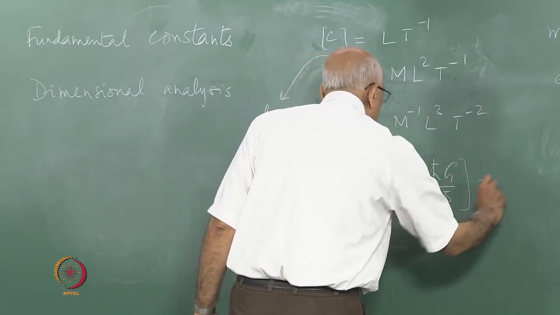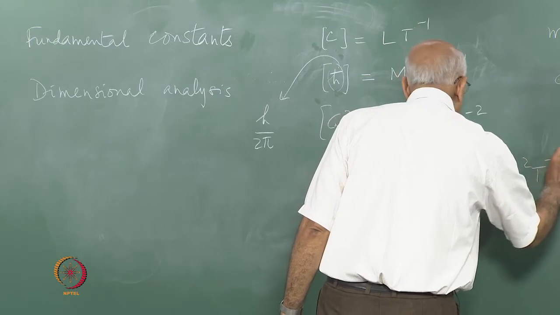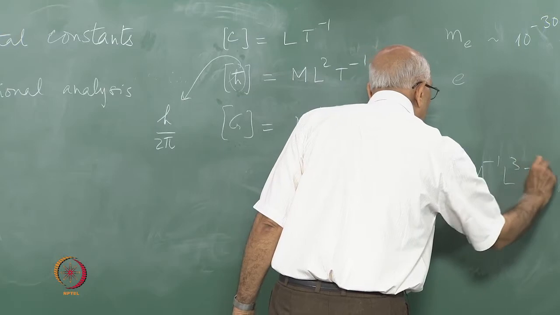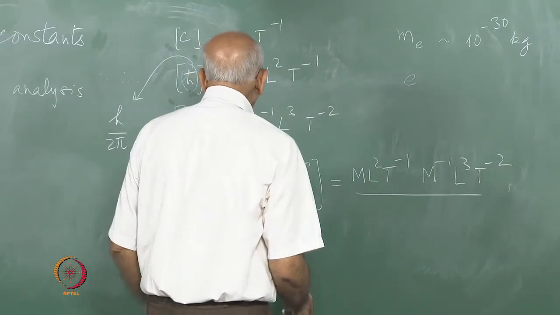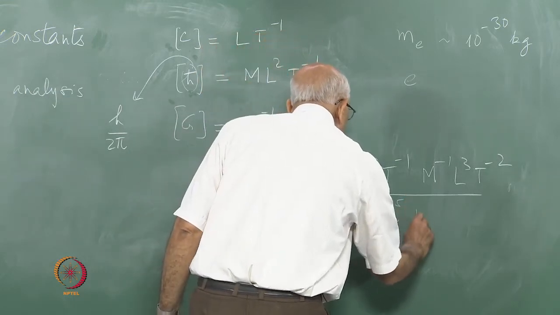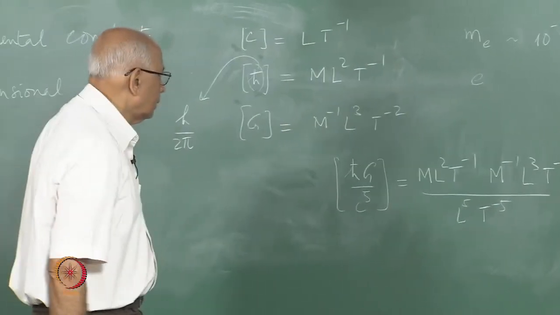The physical dimensions of this are m L squared T to the minus 1 times G, which is m inverse L cube T to the minus 2, divided by c to the power 5, and what c to the power 5 does is L to the 5 T to the minus 5. Okay.